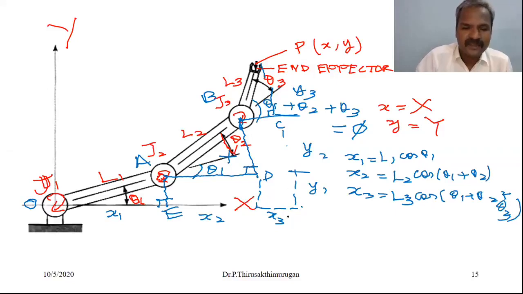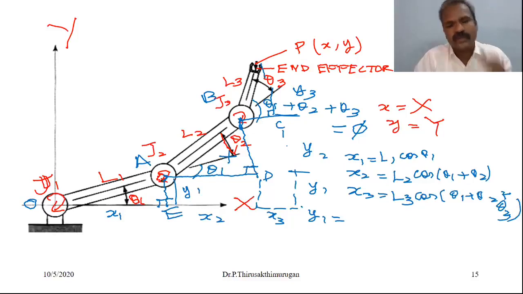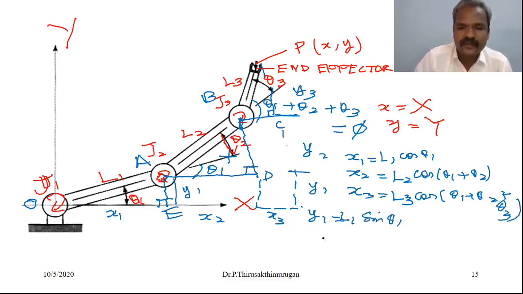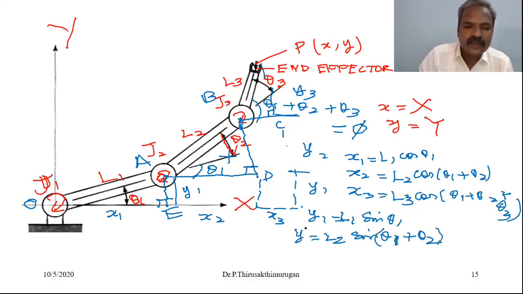Similarly, what is y1? y1 is this height, the side opposite to the angle θ1, so y1 equals L1 sin θ1. y2 equals L2 sin(θ1 plus θ2), put in bracket. So this is y2. What is y3?